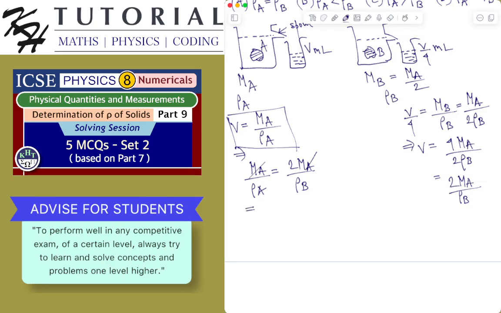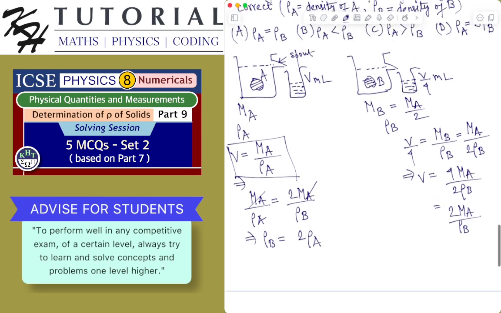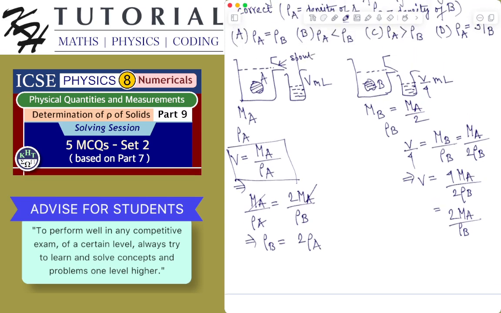So this implies we get rho B is equal to twice rho A.